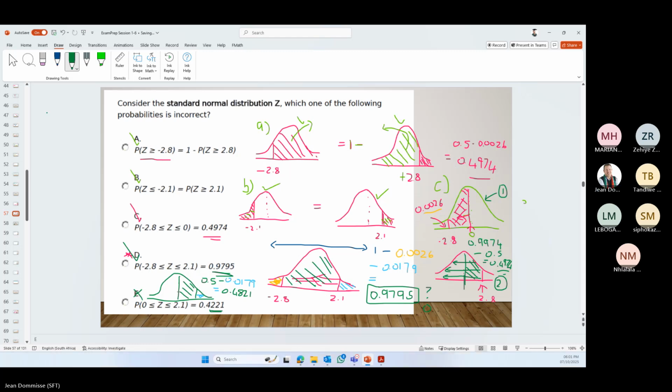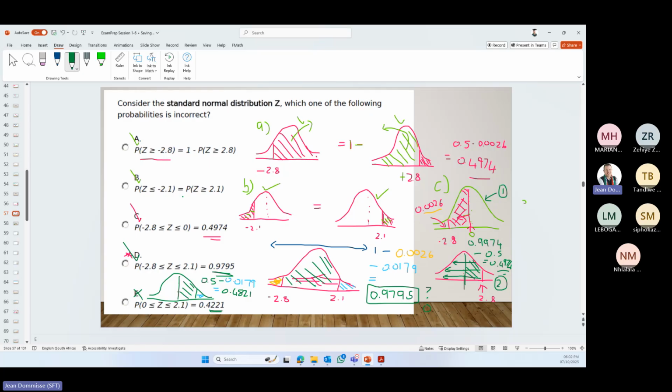Okay, so unfortunately, we needed to go through everything to get to the one that is incorrect. And what makes a question like this also a bit difficult is you can't always see which one is the incorrect one. We'll look at some of the other questions, and then there's things that is easier to eliminate.